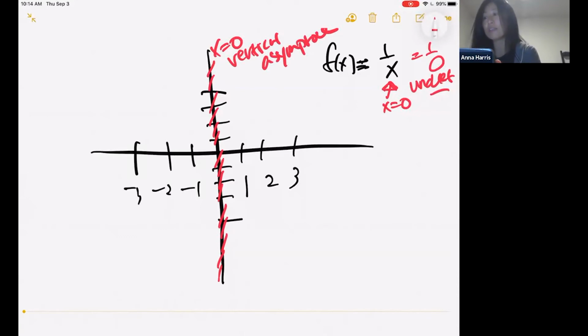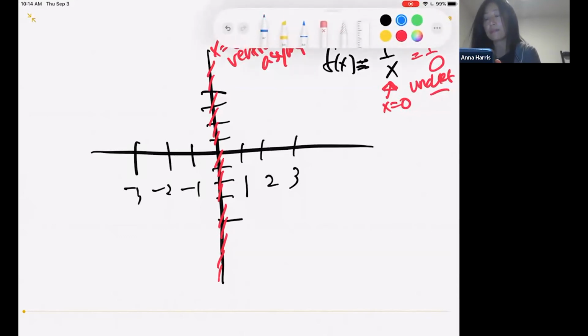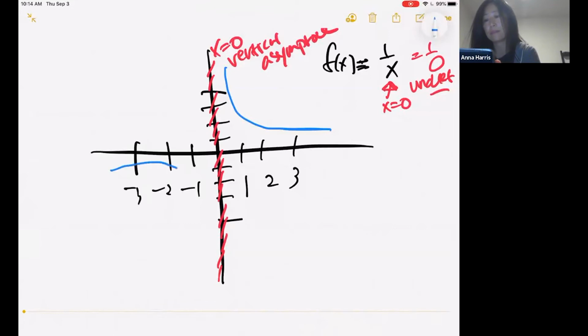So this graph looks like that. That's your f. In this case, you have a vertical asymptote, which is discontinuous along the entire line, not just one missing point. If just one point is missing, it's called a removable discontinuity.